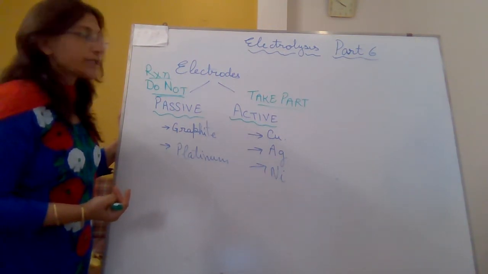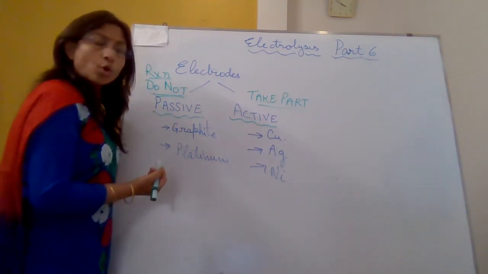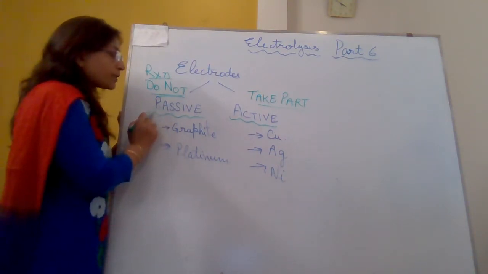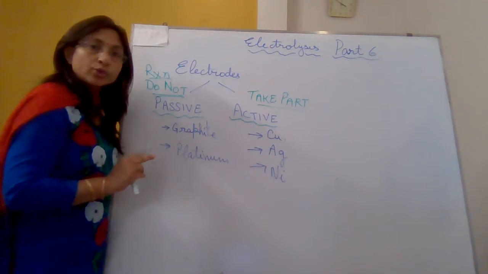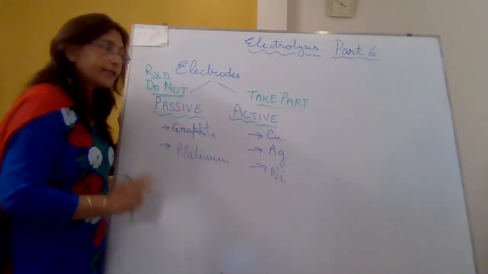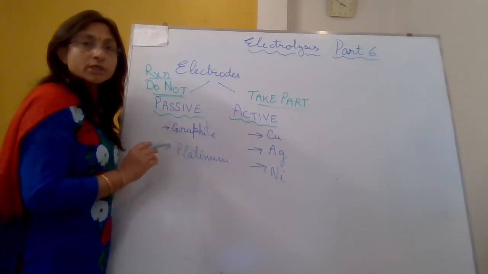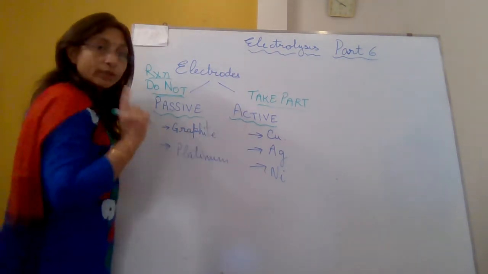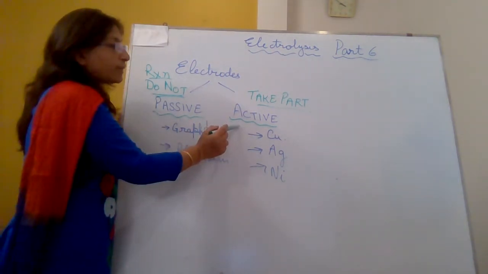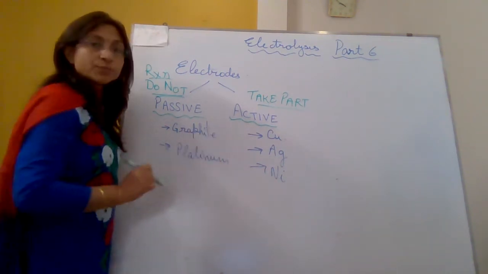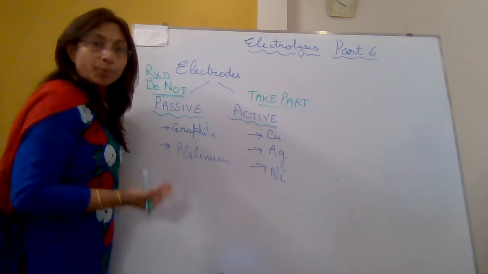The second rule says the concentration of the ions in the electrolyte. तो अगर आपका पैसिव इलेक्ट्रोड है तो ये दोनों रूल्स वर्क करेंगे, लेकिन अगर आपका इलेक्ट्रोड एक्टिव है then these two rules will be flouted and only it will be decided by the electrode that has been chosen which particular ion will be deposited.